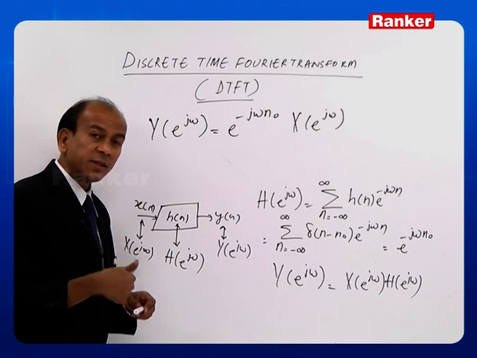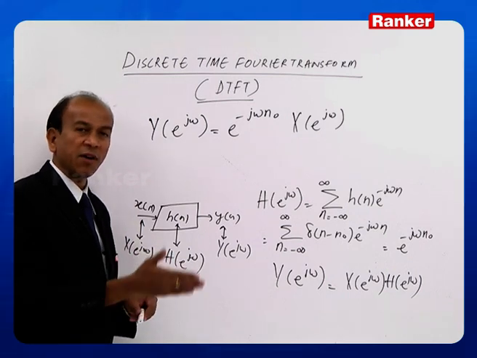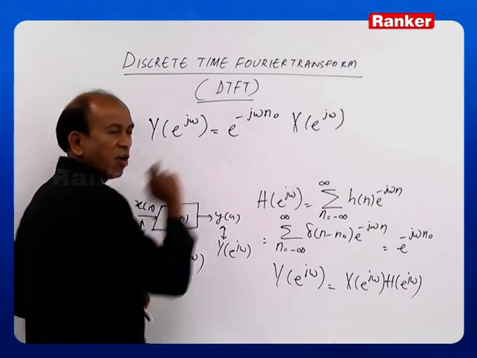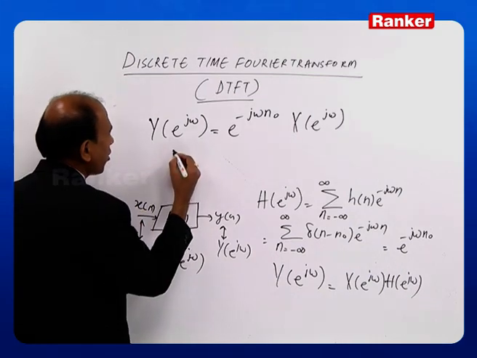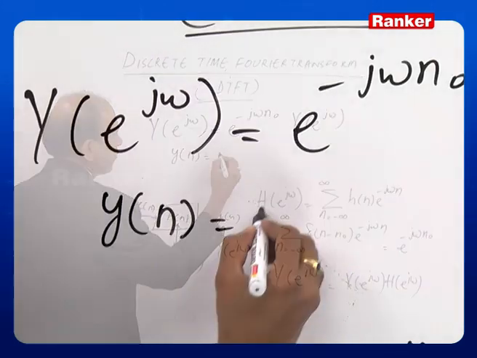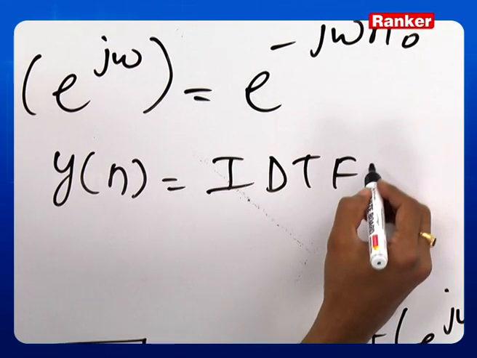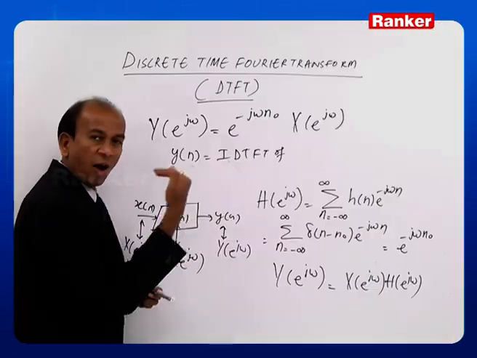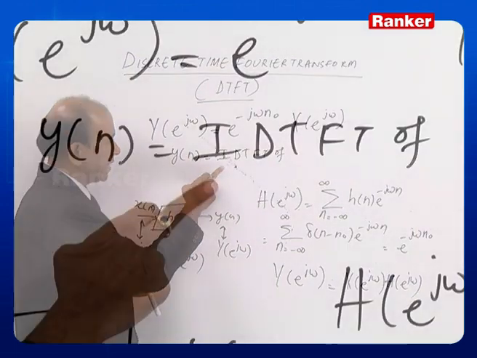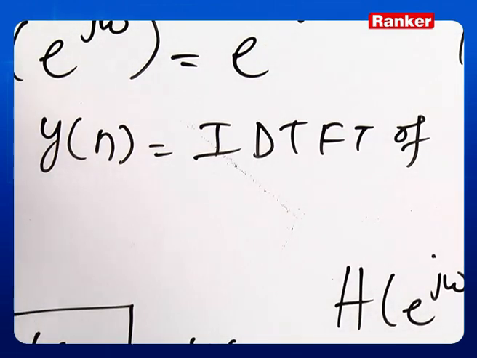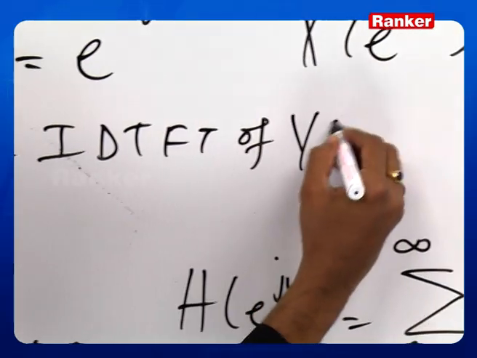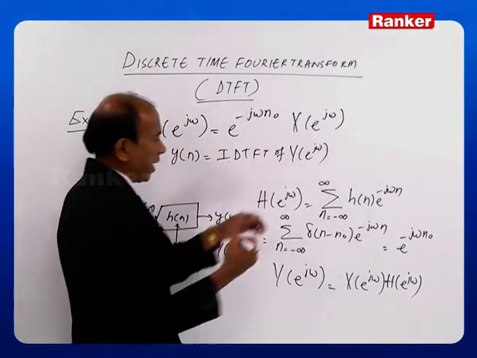Now, if you remember the time shifting property of the DTFT, there is a delay of n naught. So, how do I get y of n? y of n, the output in time domain, is equal to the inverse discrete time Fourier transform of Y of e to the power of j omega.